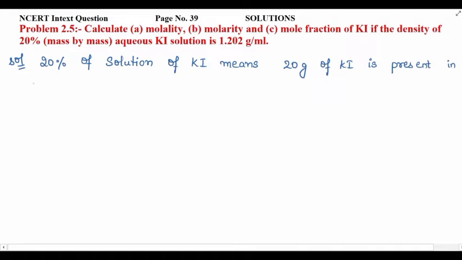Now this is the amount of solute, so in 100 gram of solution, the amount of solvent is 100 minus 20, that is 80 gram of water available.